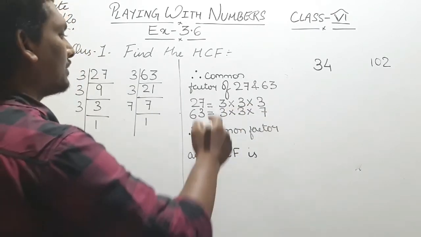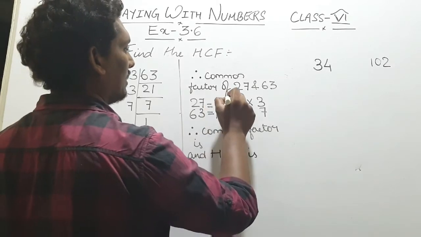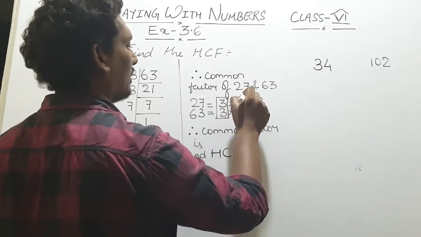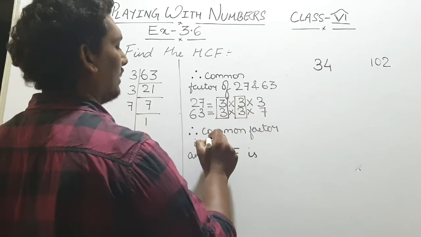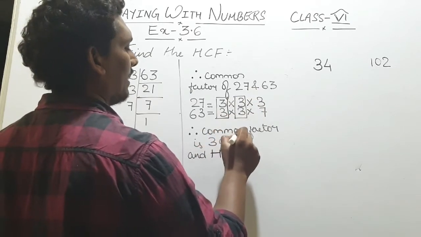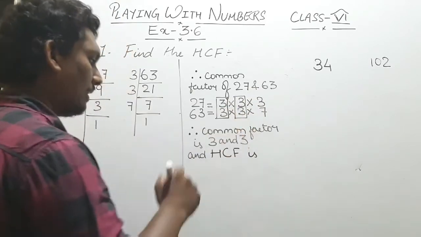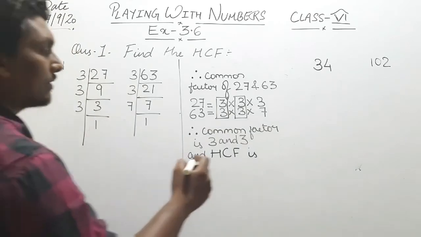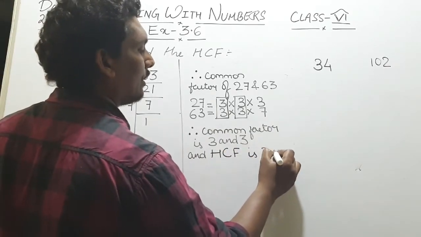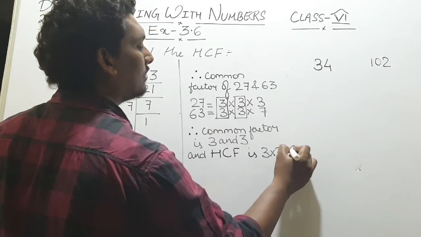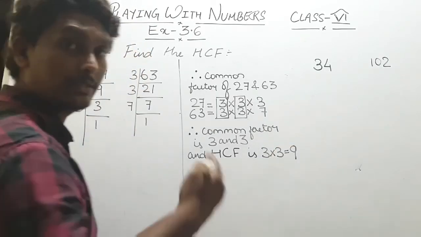Therefore, the common factor is what? Out of these 3s we have to take 1, and out of these 3s we have to take 1. That is 3 and 3. And the highest common factor is 3 into 3, that is 9. Okay, just go through it.